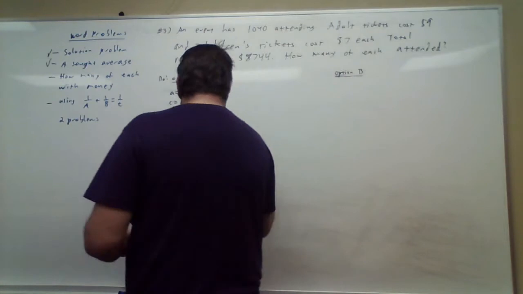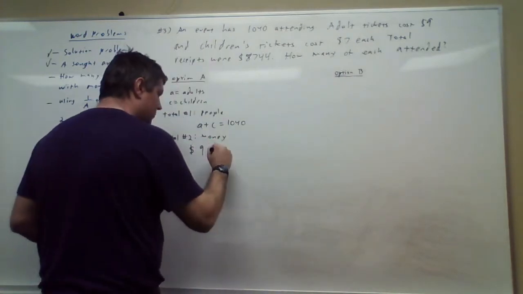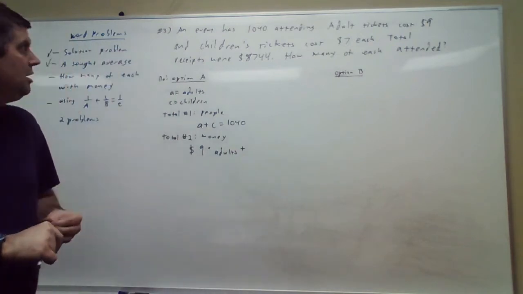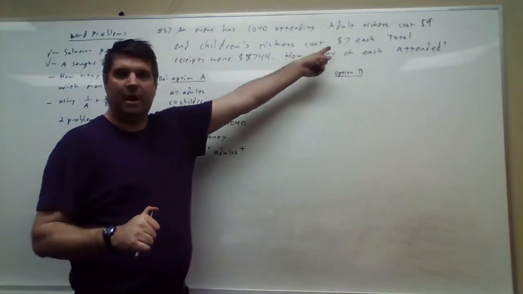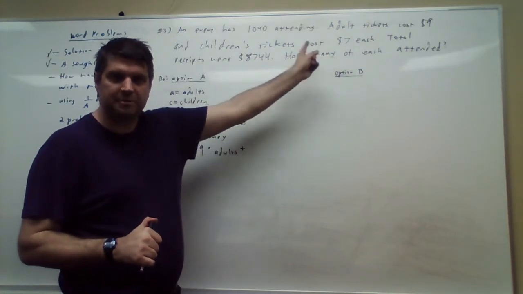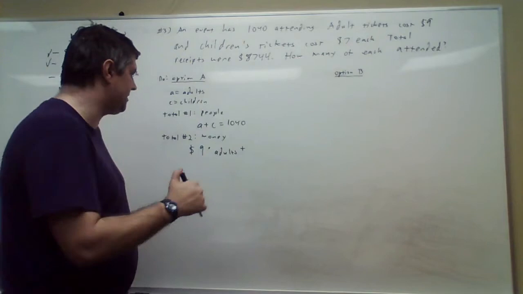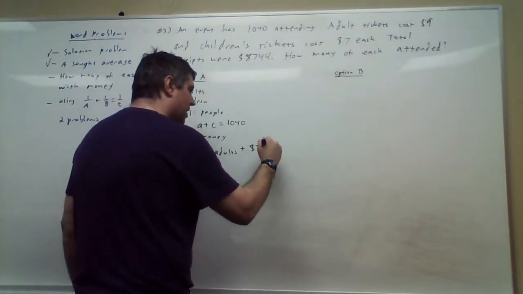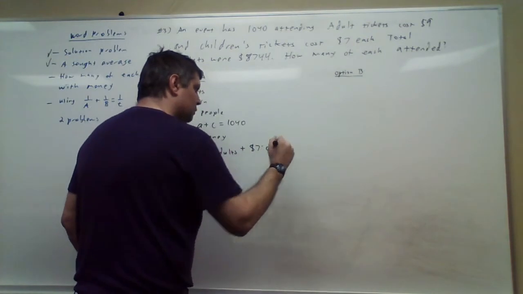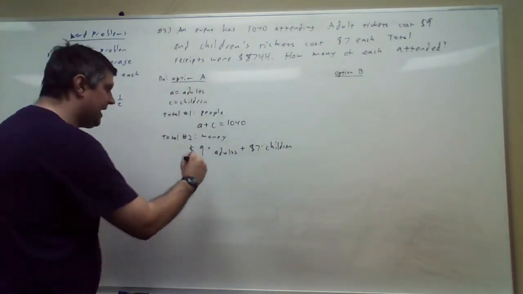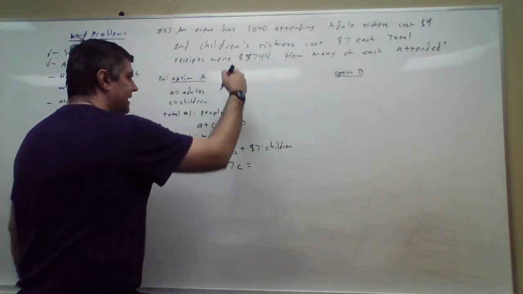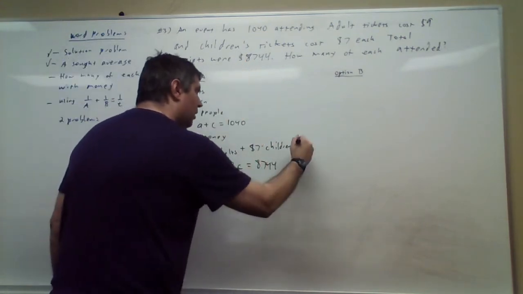So it's going to be 9 times adults plus, every time you admit 1 child, it's $7. 2 children, $7 2 times. 3 children, $7 3 times. C children, $7 C times. So 7 times children. Okay? So that's 9A plus 7C equals 8744.